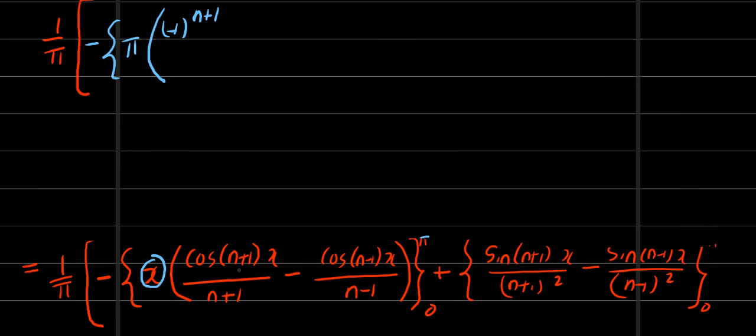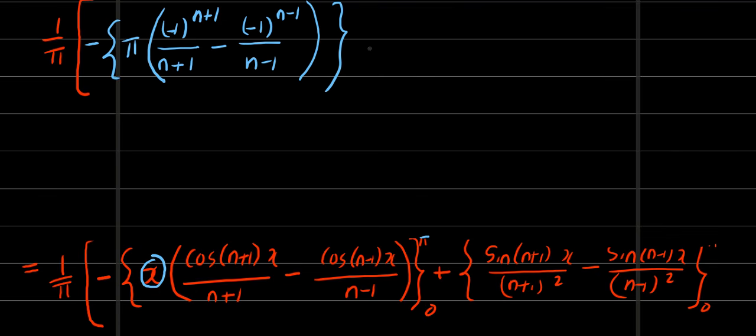Look at this, cos n pi will be minus 1 the whole power n. So cos (n plus 1) pi will be minus 1 the whole power n plus 1, the whole divided by n plus 1 minus minus 1 the whole power n minus 1 by n minus 1. And when you put the lower limit, you're going to get 0 into something. So you don't have to worry about the lower limit, that will be 0.